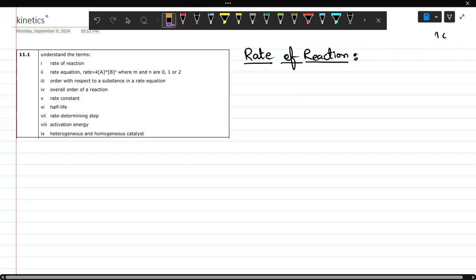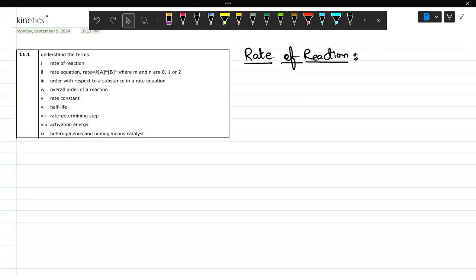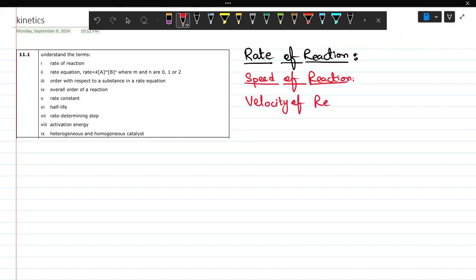So what is the rate of reaction? The rate of reaction is also known as the speed of reaction, or the velocity of reaction.